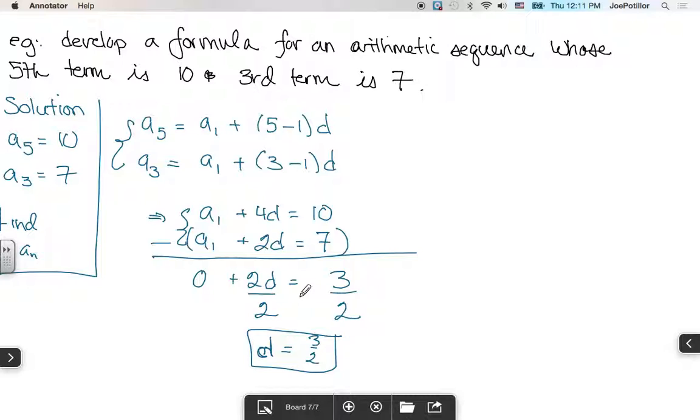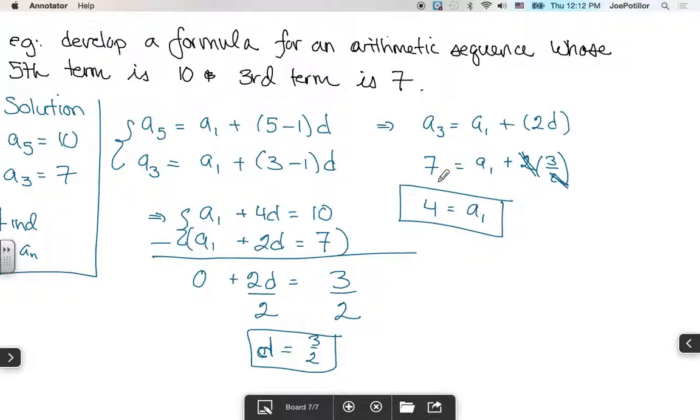It doesn't matter which equation I use here, so we'll just use the smaller one. a3 is equal to a1 plus twice d, and a3 is 7. Twice three halves kills the fraction, so we end up with 4 is equal to a sub 1.